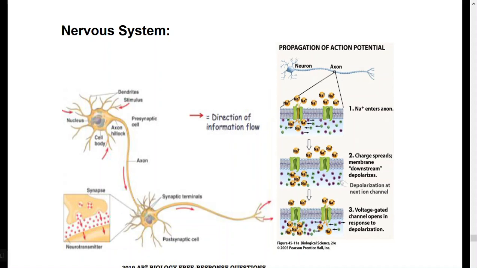And so these are a little bit complicated. The idea that you need to know is it has something to do with sending ions in and out of this long part of the neuron called the axon. There's a bunch of these little axon parts.